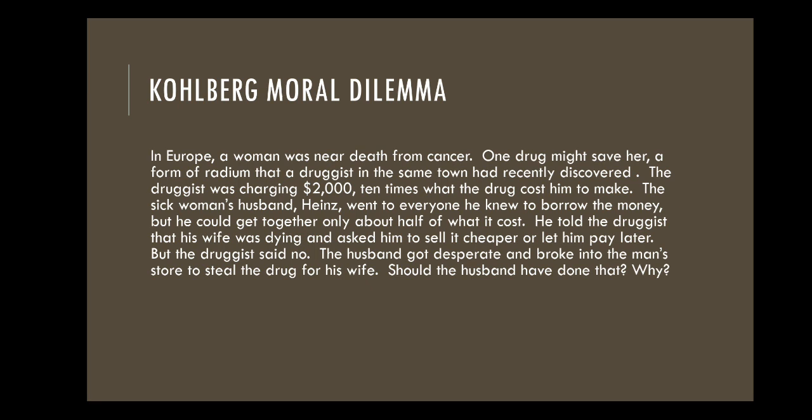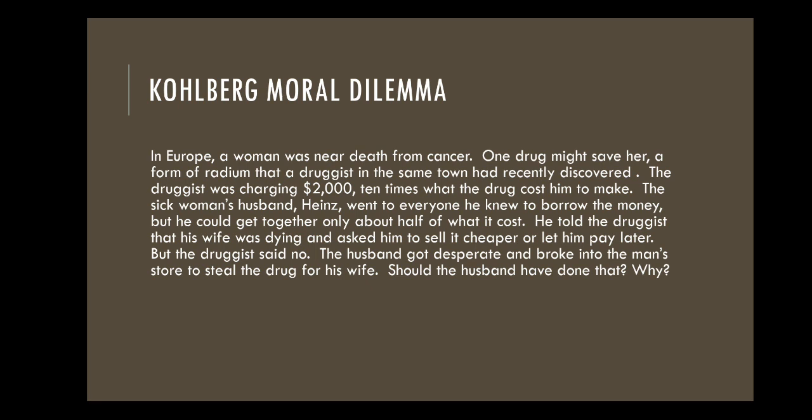Okay, so this is the Kohlberg moral dilemma. In Europe, a woman was near death from cancer. One drug might save her, a form of radium that a druggist in the same town had recently discovered. The druggist was charging $2,000, 10 times what the drug cost him to make. The sick woman's husband went to everyone he knew to borrow the money, but he could get together only about half of what it cost.